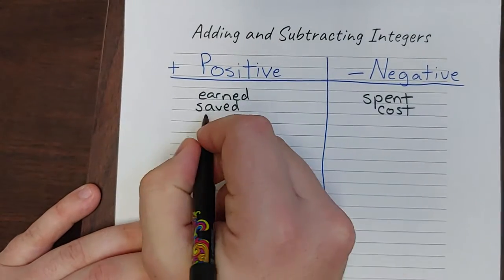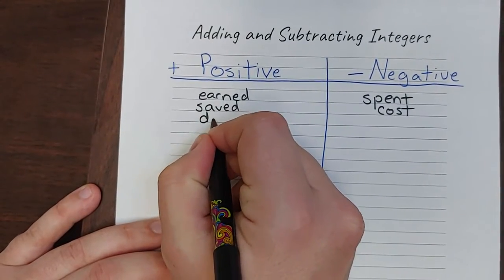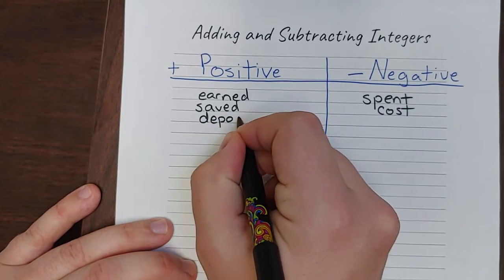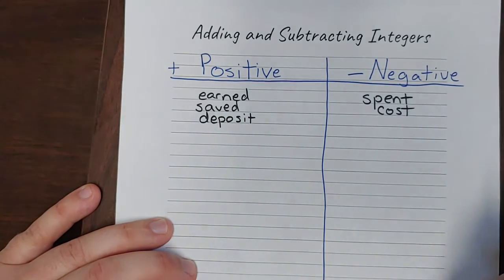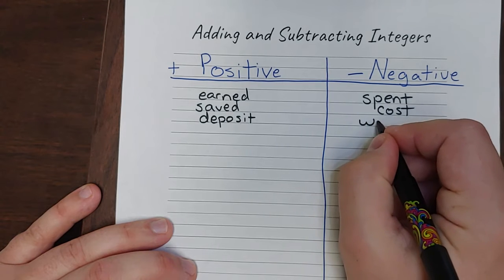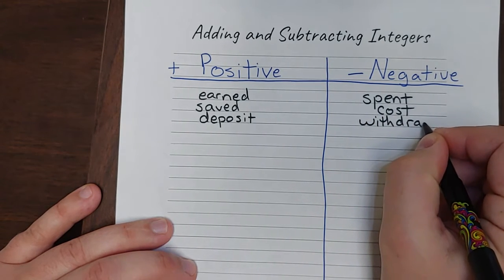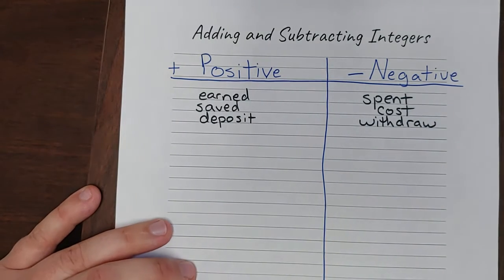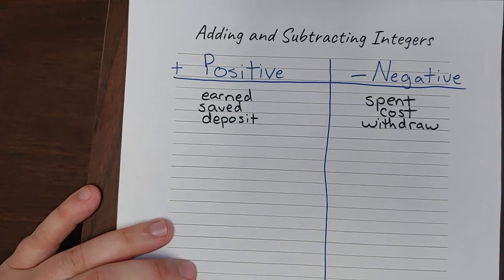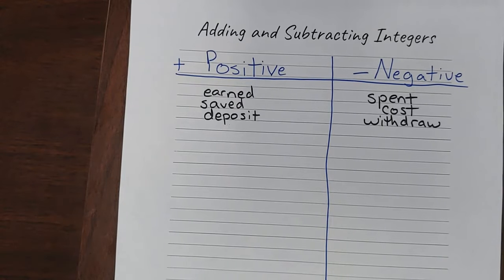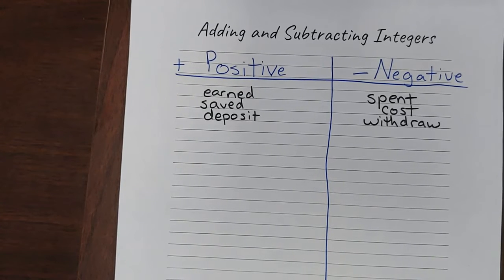After that, here's one that you may not know, is deposit and withdrawal. Deposit and withdrawal. This would be dealing usually with a bank account or a checking account in a word problem.